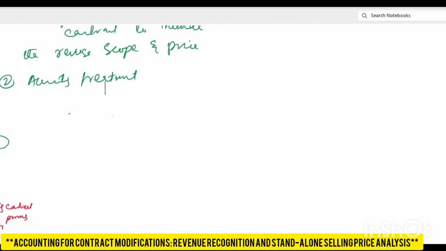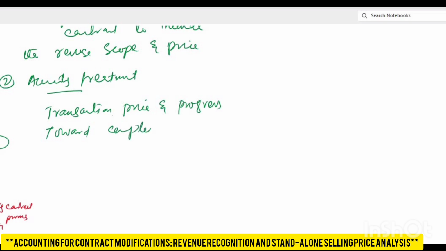So the accounting treatment will be: the transaction price and progress toward completion are updated to reflect the modification.